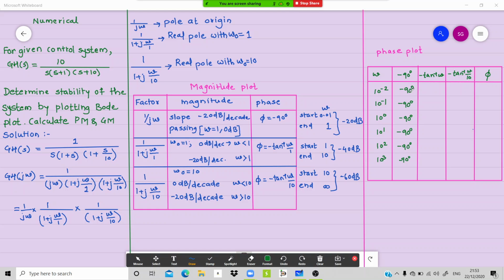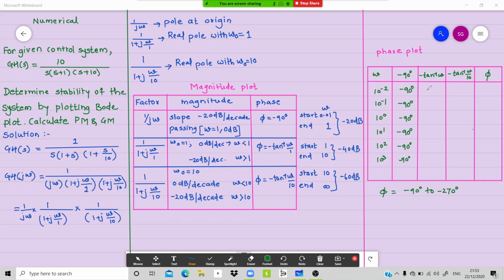And as you keep on increasing omega, this is tan inverse of omega. Omega is becoming very high, so this will tend towards minus 90. This will also tend towards minus 90. So the range of phase phi is going to be from minus 90 to minus 270. I think it is clear.